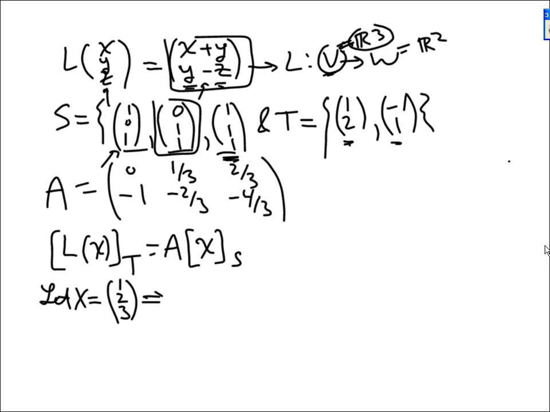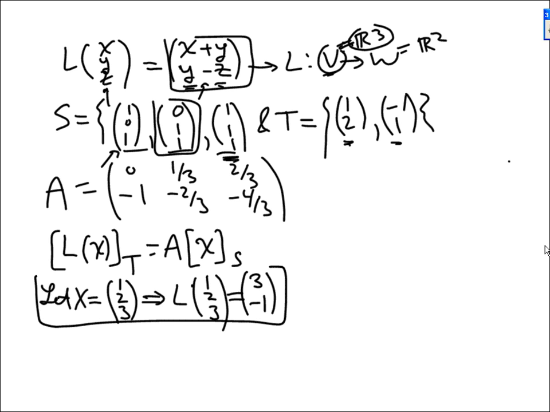What is L of 1, 2, 3? Well, x is 1, y is 2, z is 3. So we do x plus y: 1 plus 2 is 3. And then we do y minus z: 2 minus 3 is negative 1. So we have our answer. But we want to verify this using the matrix A.